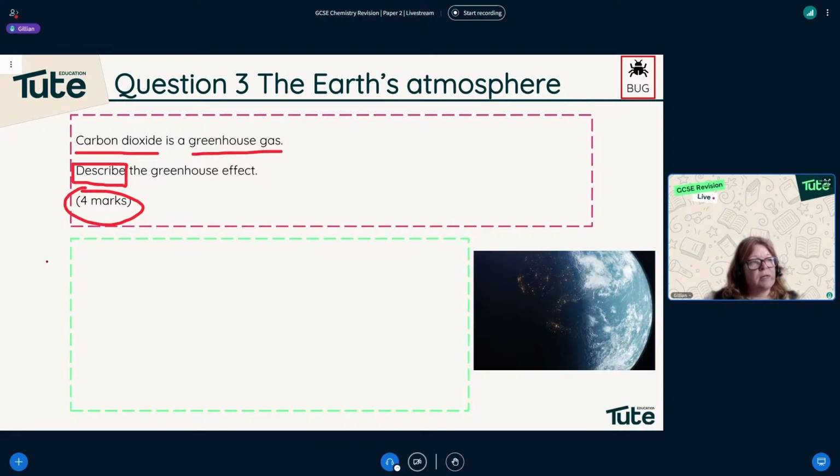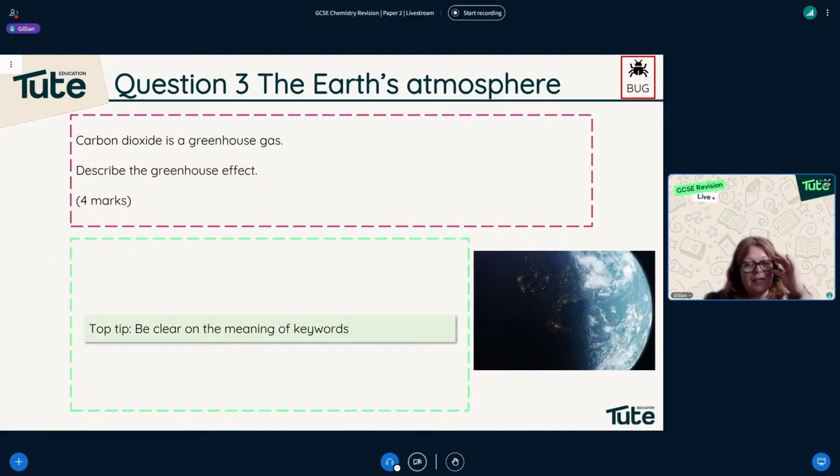So this is a 4-mark question. So what is my top tip for this question? Well, again, you do have to be clear on the meanings of keywords. When you are asked about the greenhouse effect, you need to be answering this in terms of short and long wavelength radiation. Remember, a little bit of physics revision.